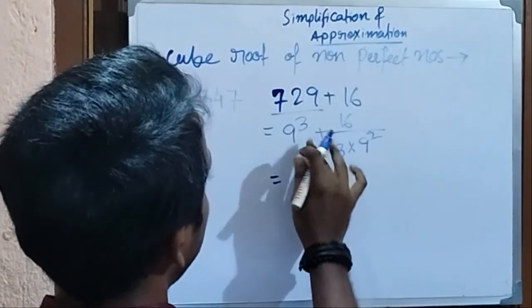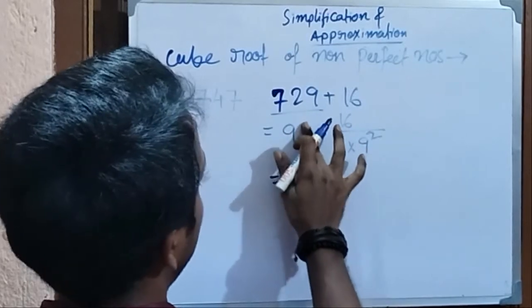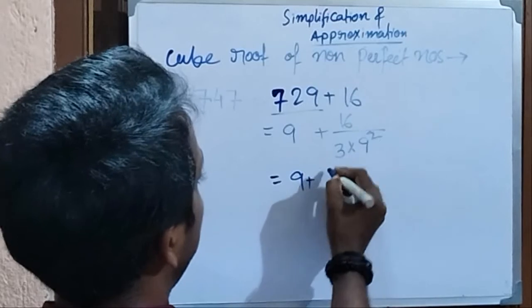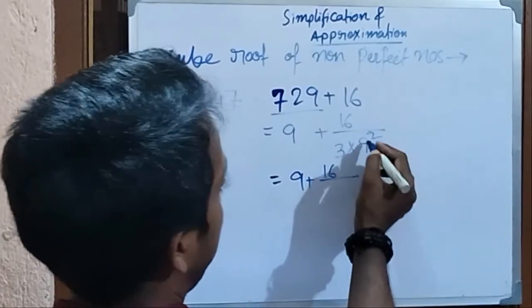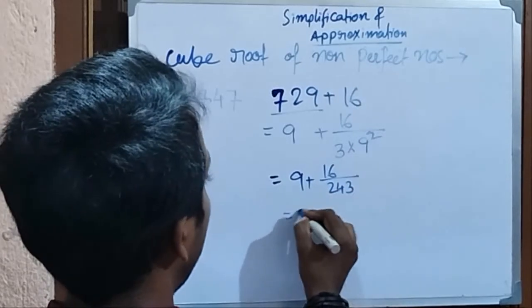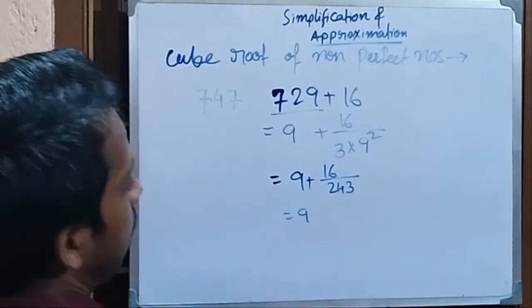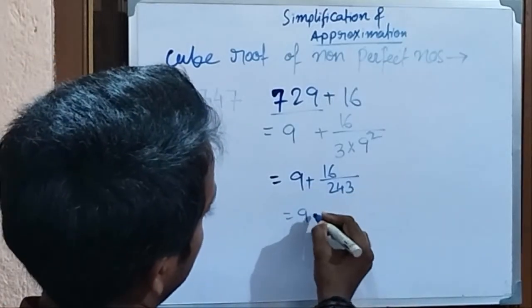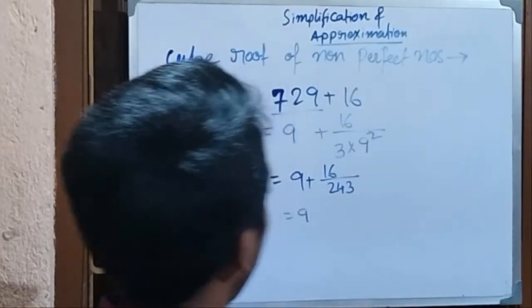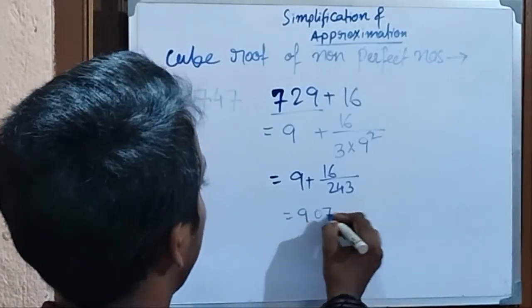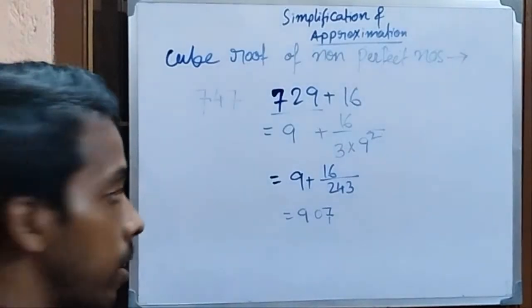So here it is not 9 cube, only 9 would be written here. So 9 plus 16 by 9 square into 3, 243. So this would give you, suppose, 9.07, right?